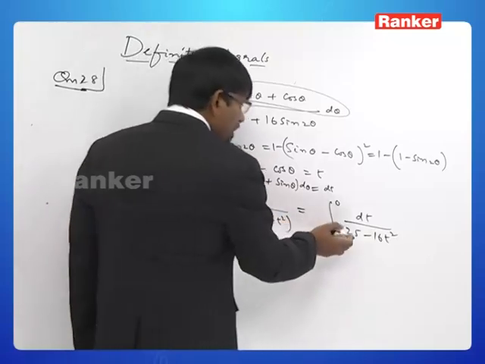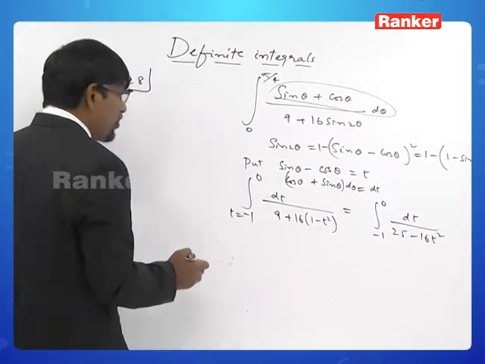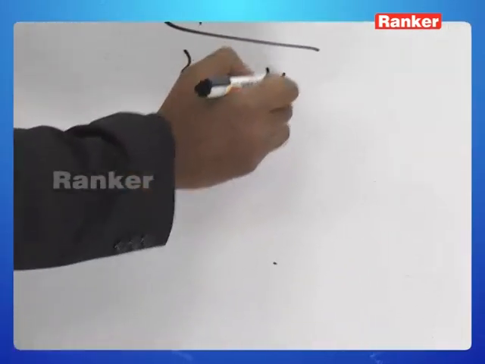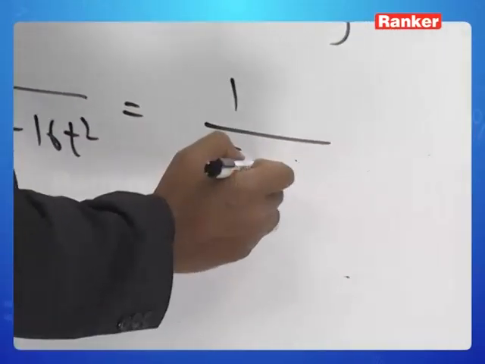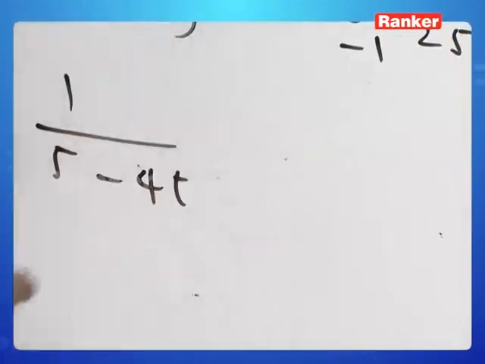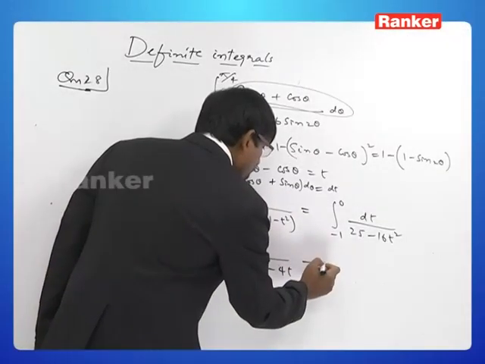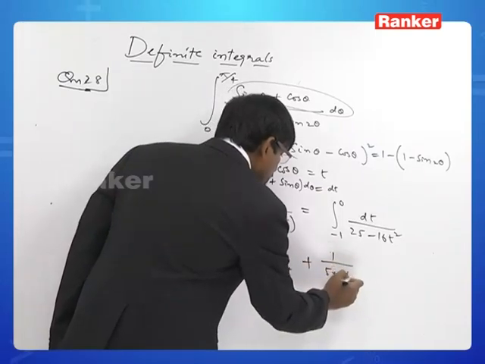Now, this is in the form of 1 by a square minus x square type. What we do is we go for partial fractions. 1 by 25 minus 16 t square, we can write in the form of 5 minus 4t and 5 plus 4t.